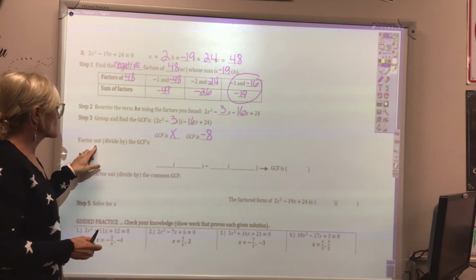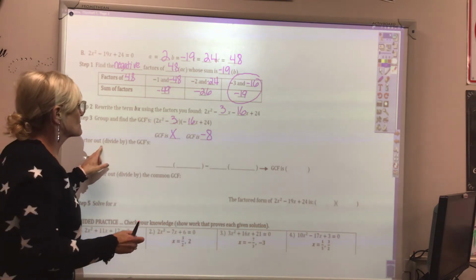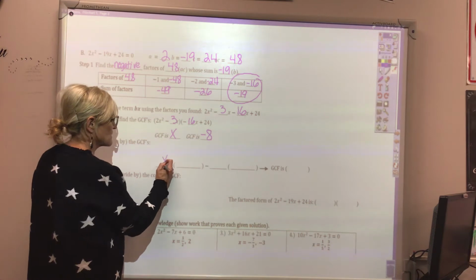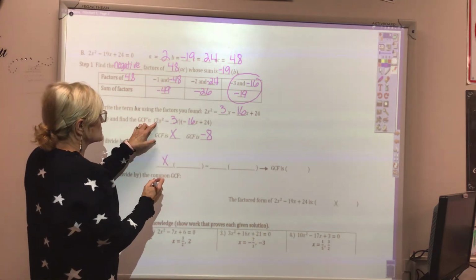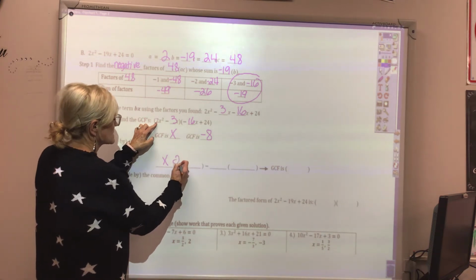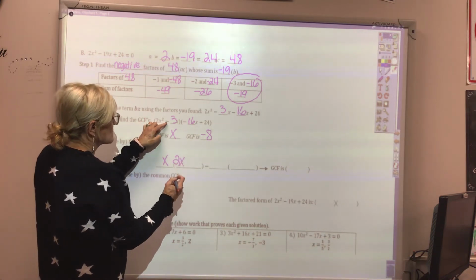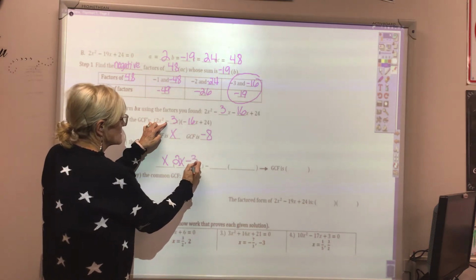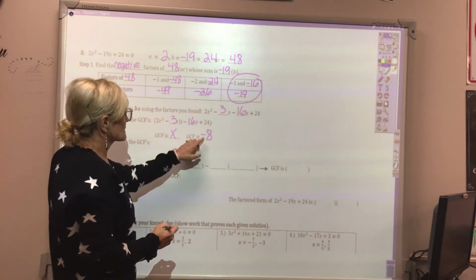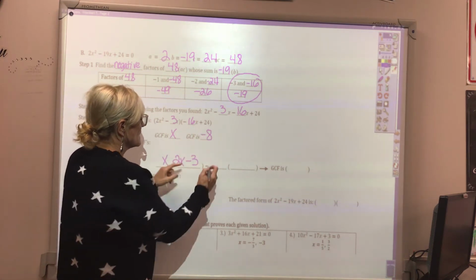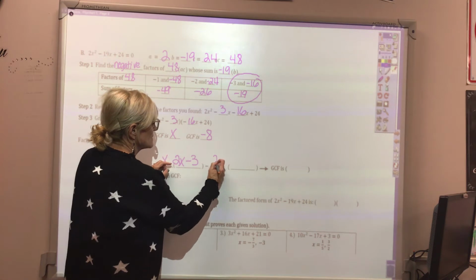Now we're going to factor out or divide by the greatest common factors. So we're dividing out the first parenthesis by an x. 2x squared divided by x is 2x. Negative 3x divided by x is negative 3. Then we're going to factor out this sign, notice it right here, and we're going to factor out an 8.